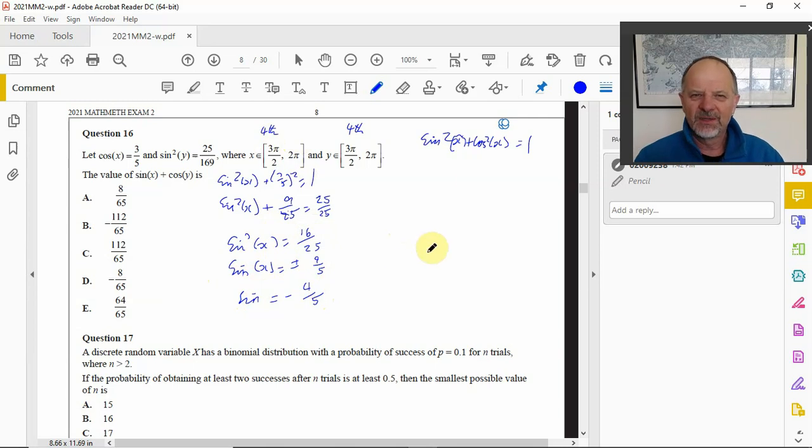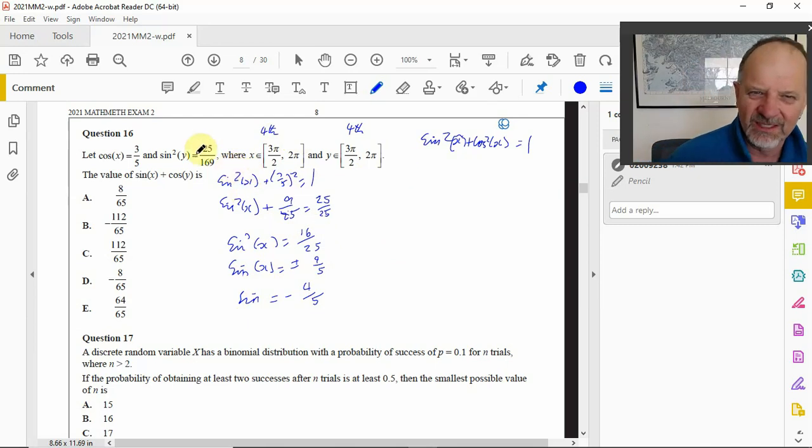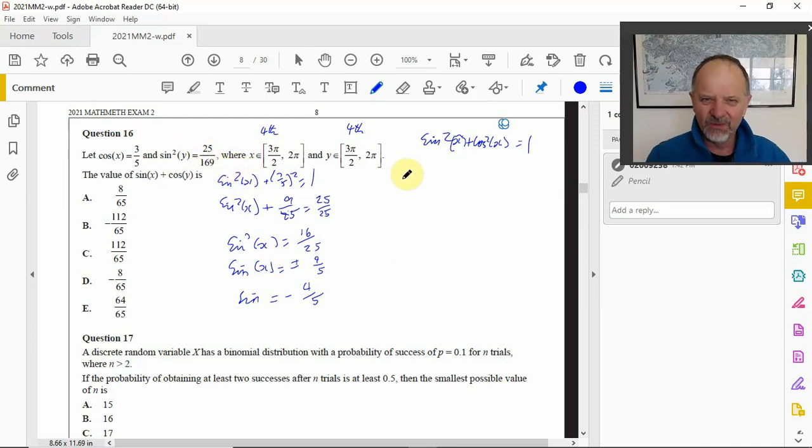All right, similarly for the y, we've already got what sine squared of y is, so we don't need to square it because it's already been squared for us. So 25 on 169 plus cos squared of y equals 1. And of course 1 is 169 on 169.